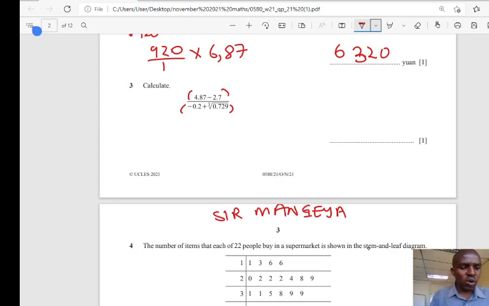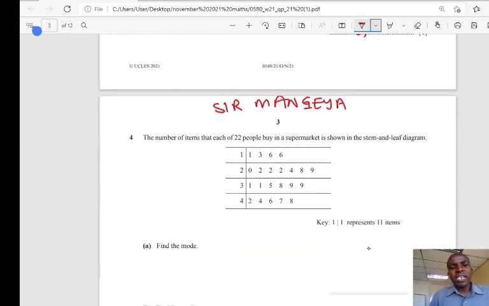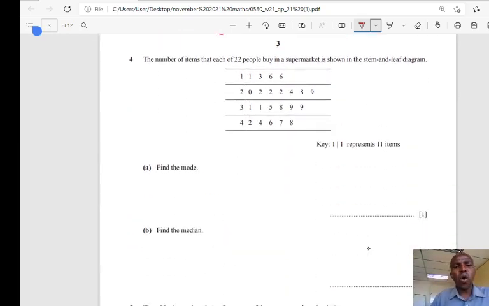Cube root is there on your calculator. Some calculators have to press second function first. 0.729. Then you close the bracket. It's 3.1. Done.